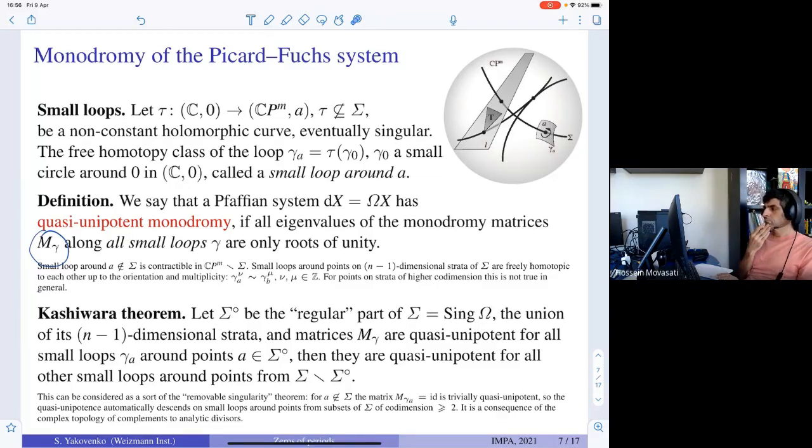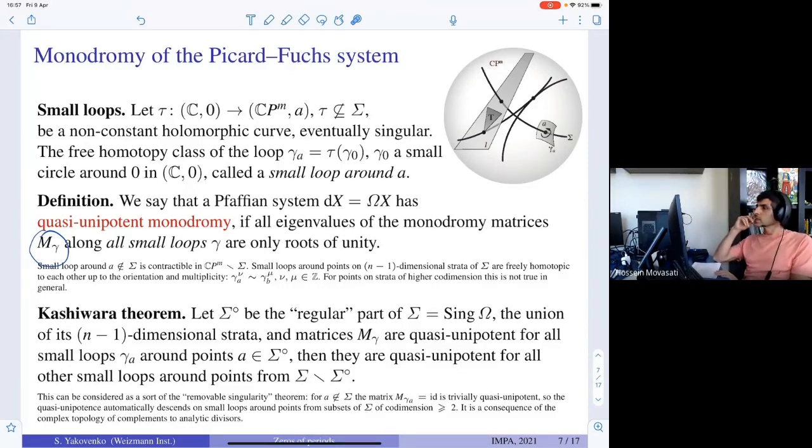Theoretically, it would be difficult to say whether this condition is true for a small loop around a very degenerate point. The Kashivara theorem says that we don't have to worry. If we can check this condition for small loops around the principal components, then we are set.